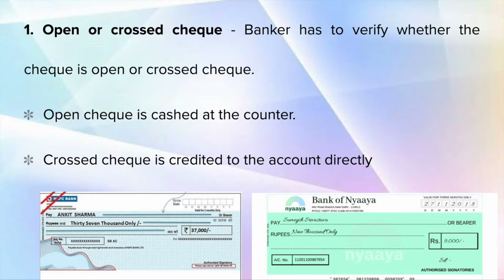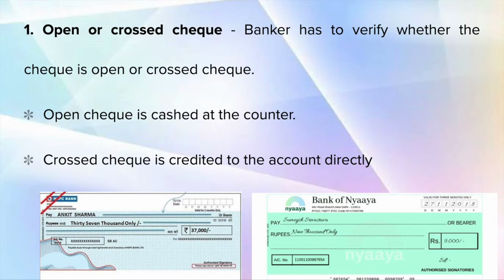Cross check, what you see on the screen on the left side. Can you see on the left top corner the two parallel lines that have been drawn? That means the check has been crossed. Okay, so the banker has to verify whether the check is open or cross check.